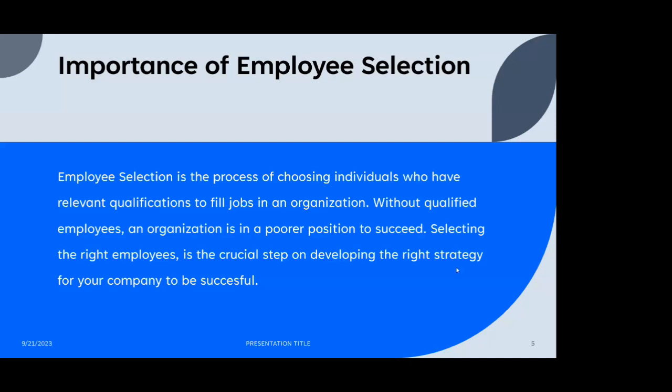We cannot do anything by ourselves, and if we want to succeed, we need to find the right people to work with us, not only in terms of experience, but also in terms of cooperation, communication, motivation, and other skills. Selecting the right employees is a crucial step in developing the right strategy for your company to be successful.